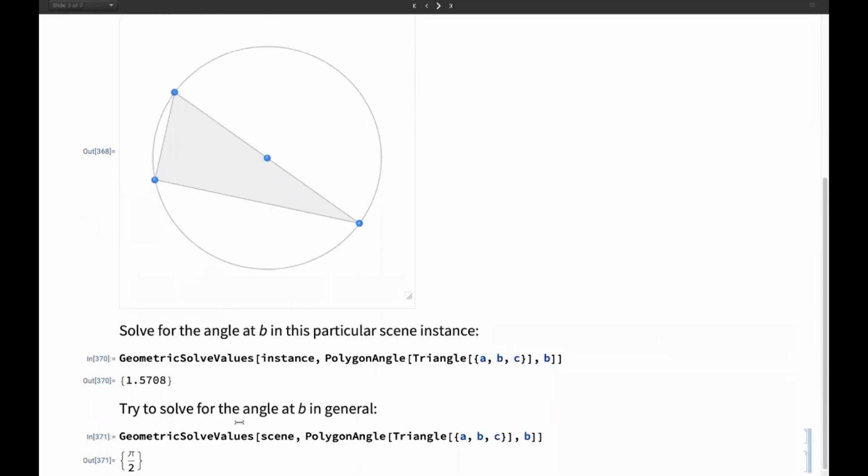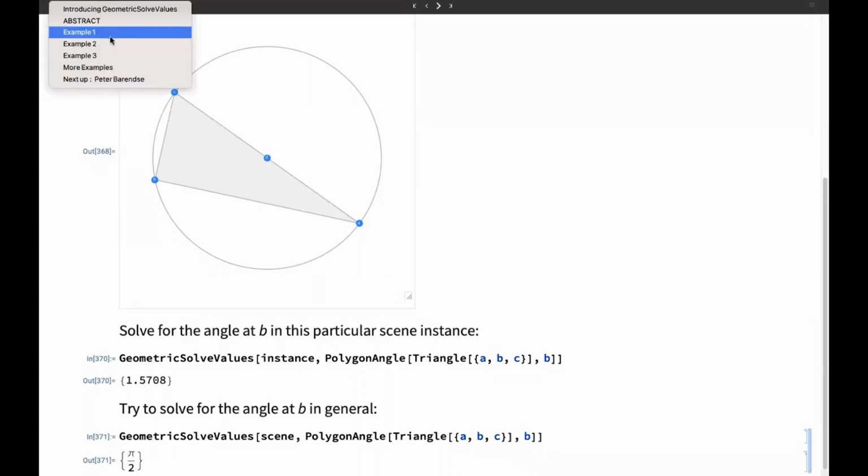And in fact, we do get pi over 2. So GeometricSolveValues can solve for a particular instance or for a scene in general.